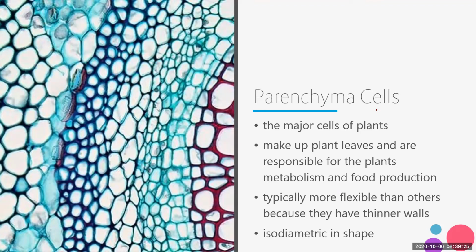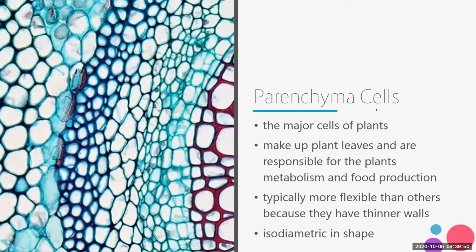So, those type of parenchymal cells are found on the leaves. Meron namang mga parenchymal cells na walang chloroplast, so they are usually found sa either roots or stem part ng plant. But mostly makita nato si parenchymal cell sa leaves because one of their function is for food production.